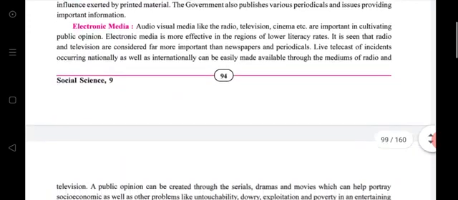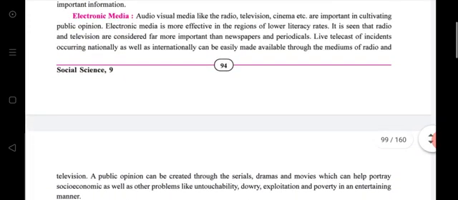Then electronic media. Print media is like newspapers and periodicals, but print media is not useful when a person is not literate. I mean, not educated. A person who is uneducated cannot read the newspaper and periodicals.